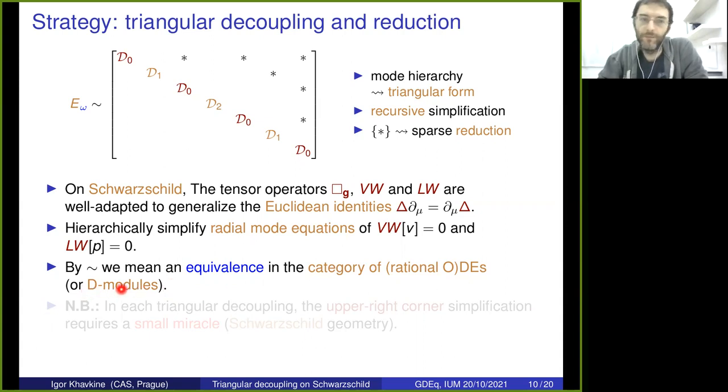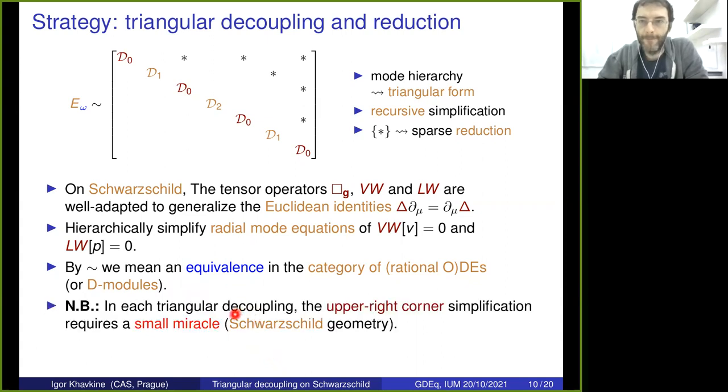Or equivalently, it can be phrased in terms of D-modules, but I'm not going to go in that direction. So this is the general strategy that one can try to follow.